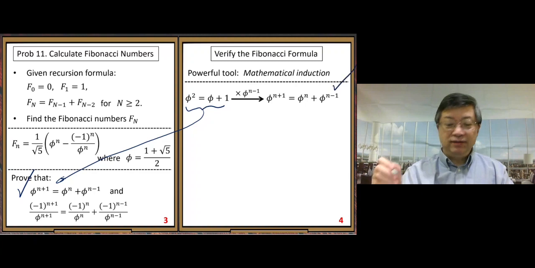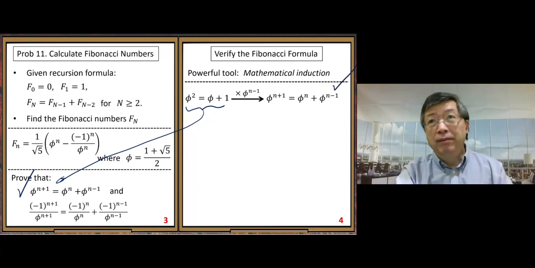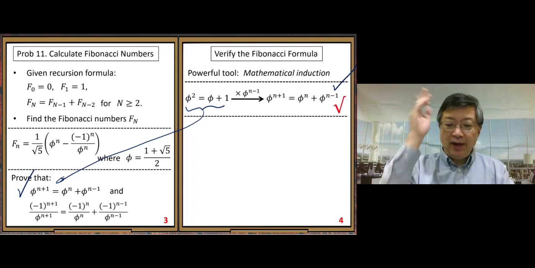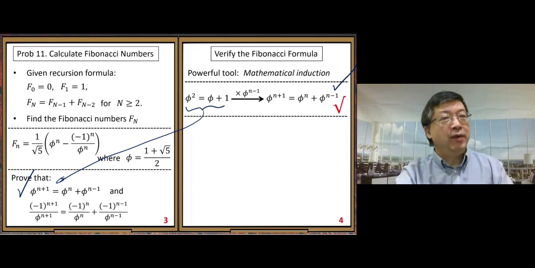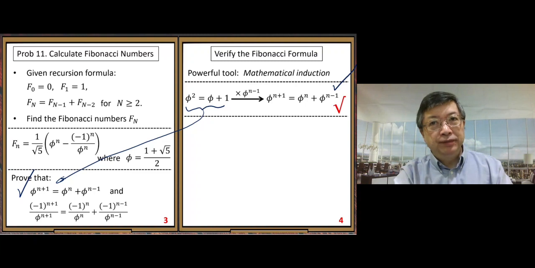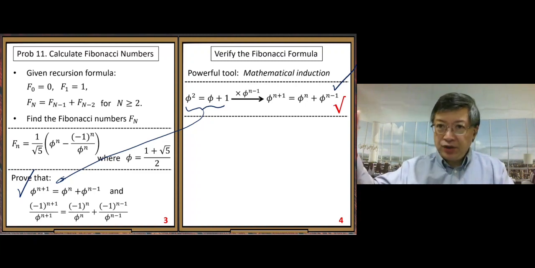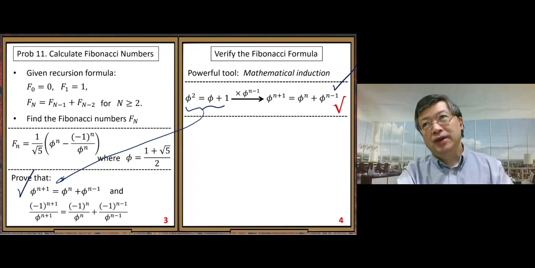So we verify it. Correct. One simple multiplication, correct. Okay? Step 1. Step 2, this time, a little harder. We need to work on the fractions. A little harder, but still not too hard. We can handle.